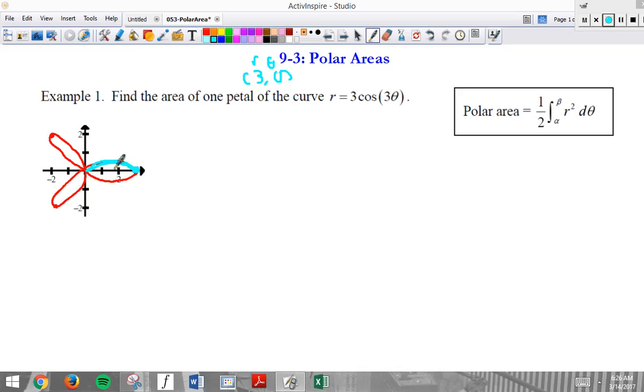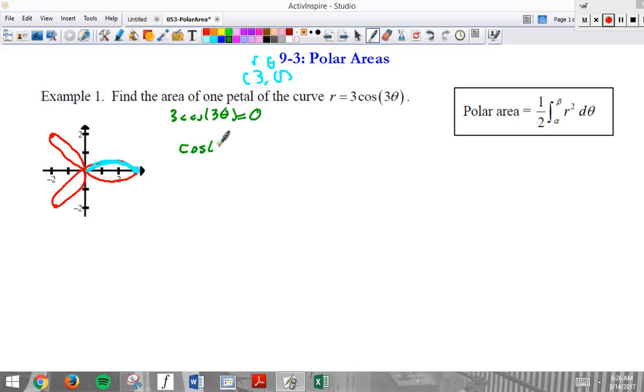Now that's going to be really important for us to understand. That's why Mr. Nathan Stearns does not like this unit. So we're going to get half of a petal this way. That's going to be a really important insight. Let's see at what time it hits that value. I'm going to set up the equation 3 cosine 3 theta equals 0.